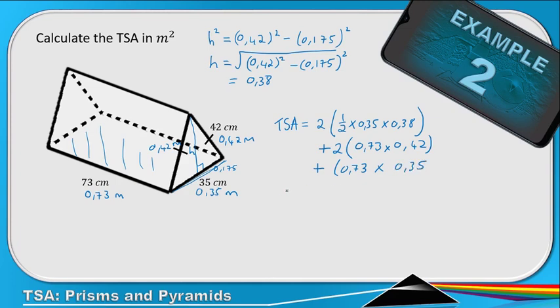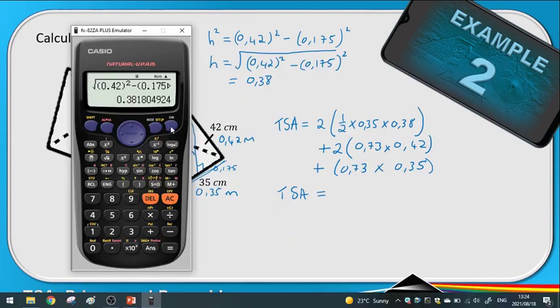Okay, so then I can add all of those up. Total surface area is equal to 2 times 0.5 times 0.35.